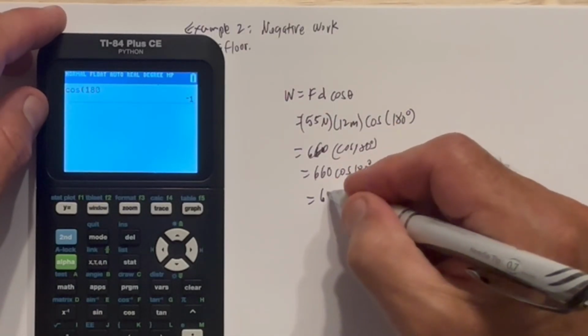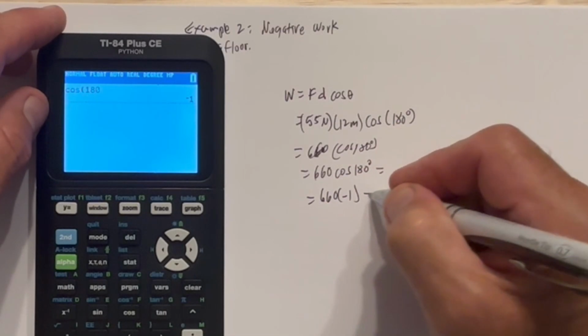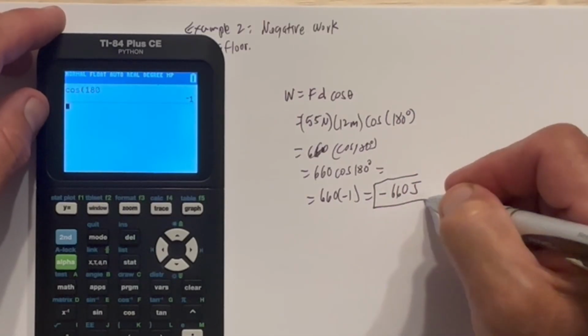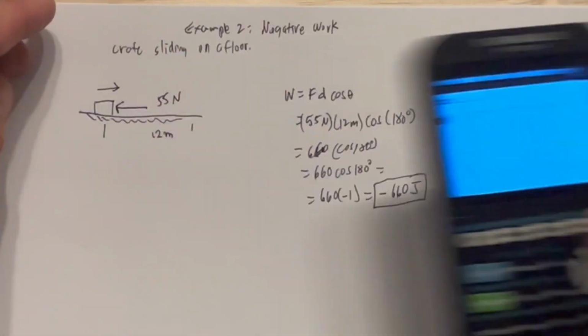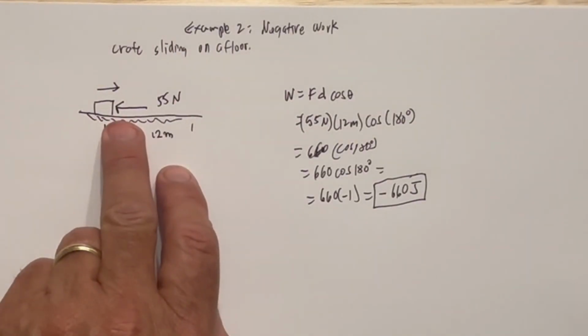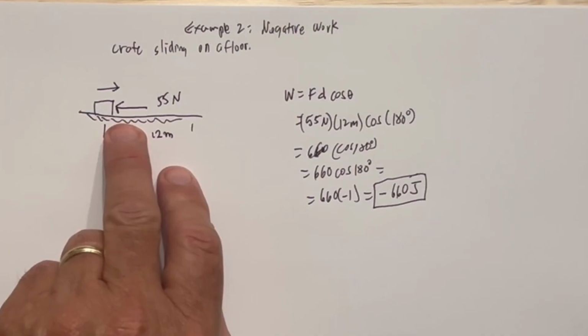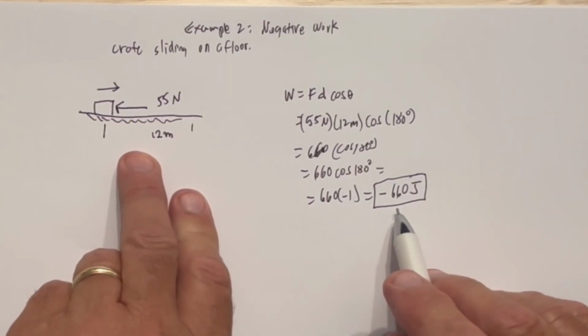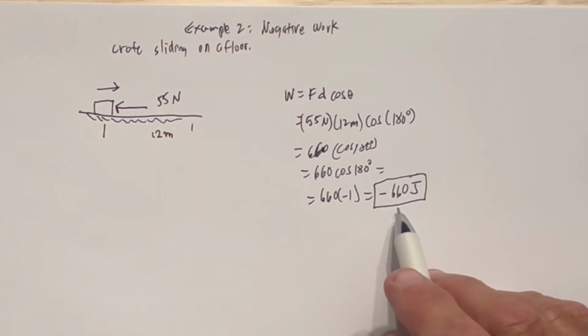So we've got 660 times -1 is equal to minus 660 joules. You can see this is a negative work, and that's a resistive force pushing against the movement of the box on the floor. That's how much work was required to stop the box. So this was an example of negative work, and our other one was an example of positive work.